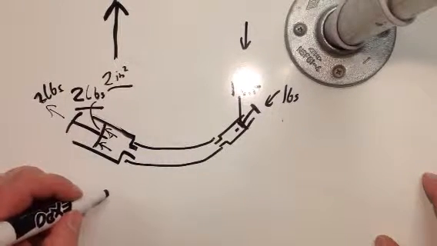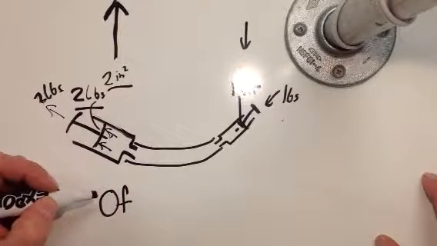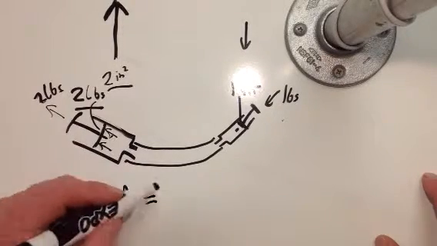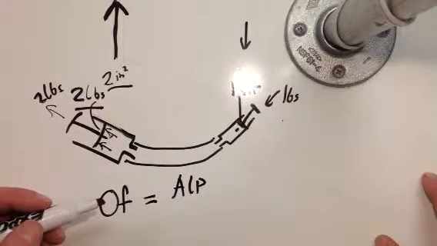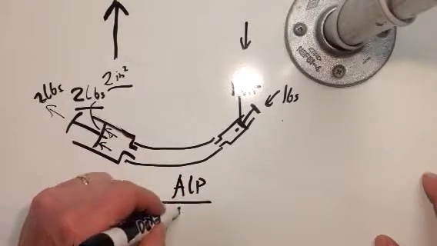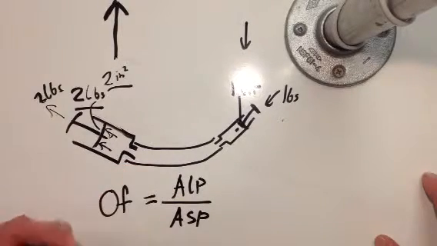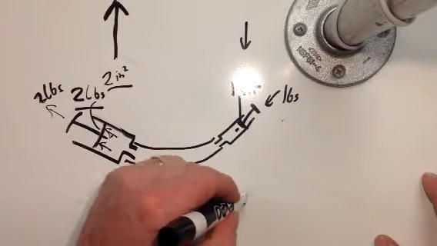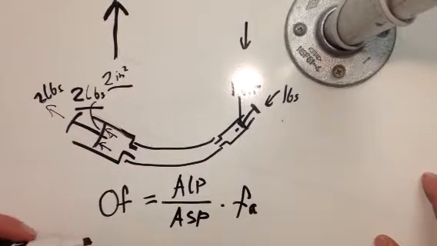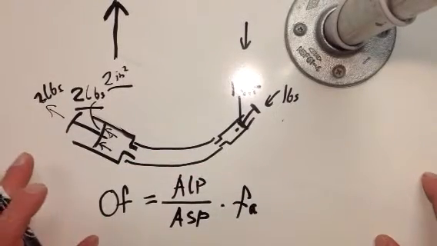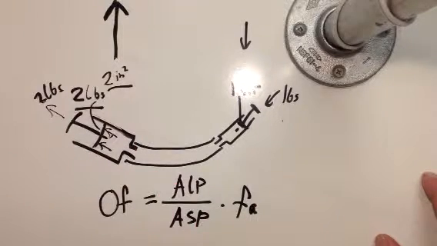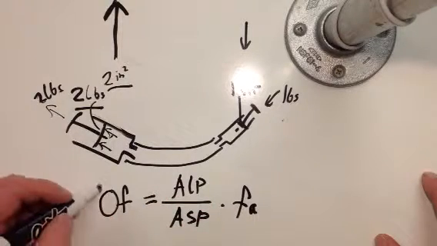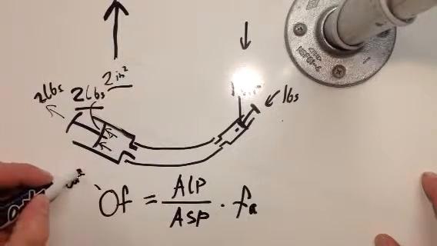That one is output force equals the area of the large piston divided by the area of the small piston times the force applied. Now, please pause it if students need a little bit more time to get this down. And I suggest you do it not just in this form, but you write down what OF actually means. This is output force.